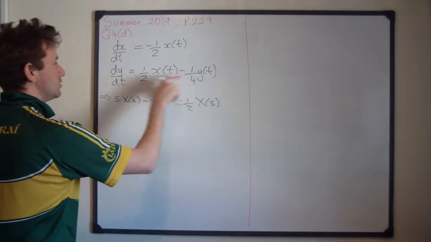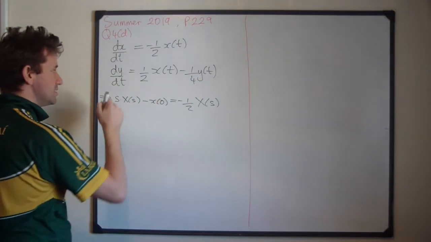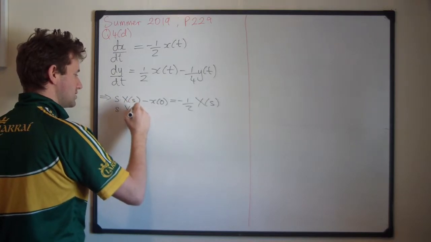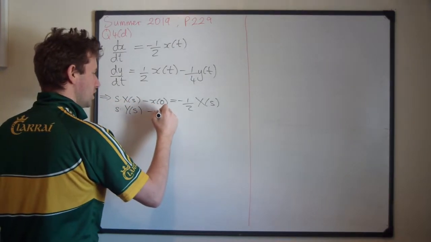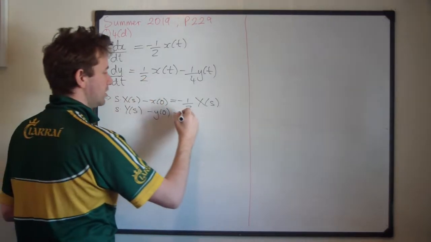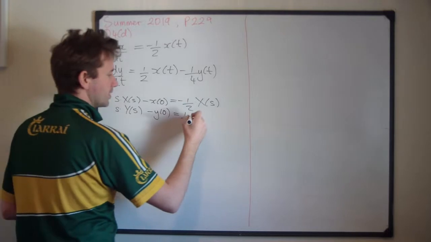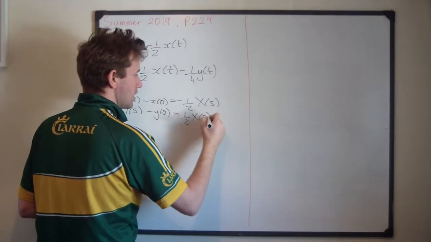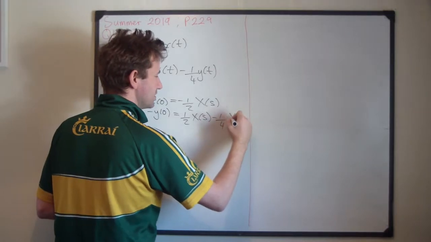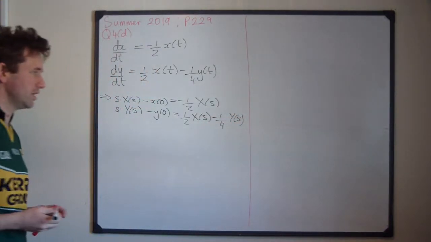And also do the Laplace transform both sides here. So dy/dt gets sent to s times big Y of s minus little y of 0 equal to the half here, minus a quarter, and little y of t gets sent to big Y of s.